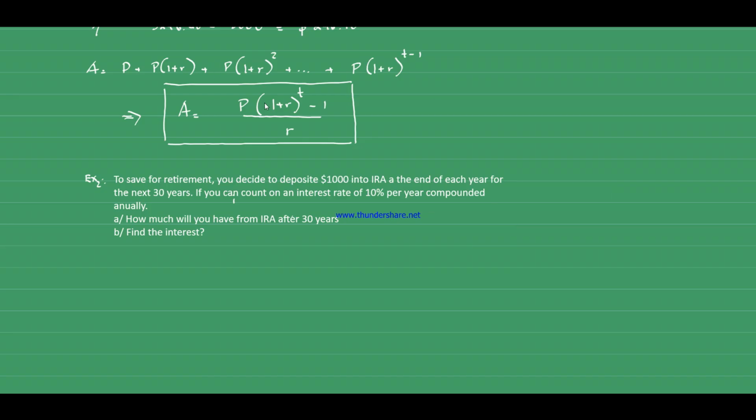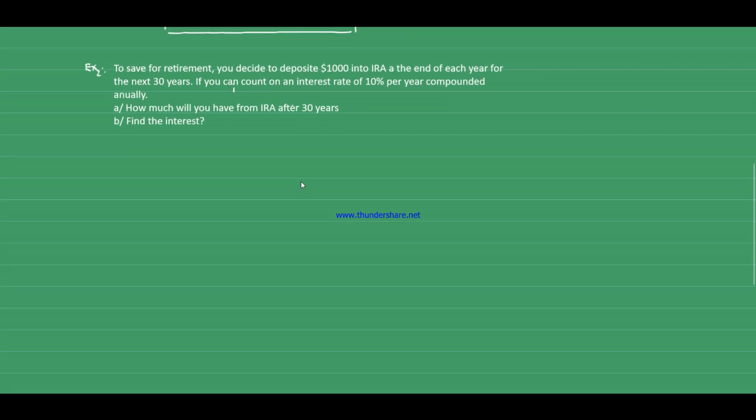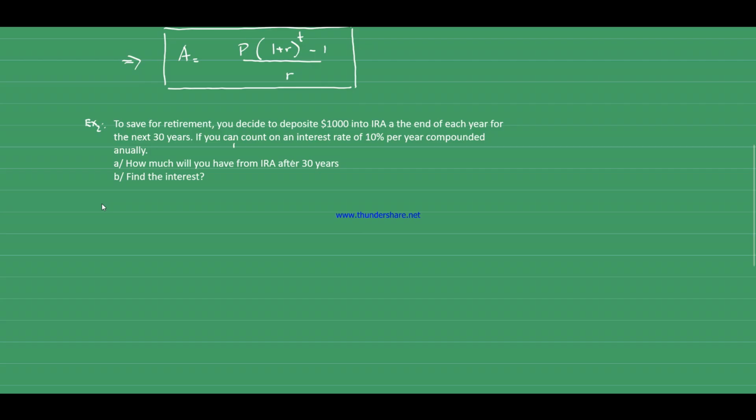Alright, so let's do the problem together. We're going to use the formula directly. We have a formula up here, so all you have to do is plug it in. A equals, P is $1,000.